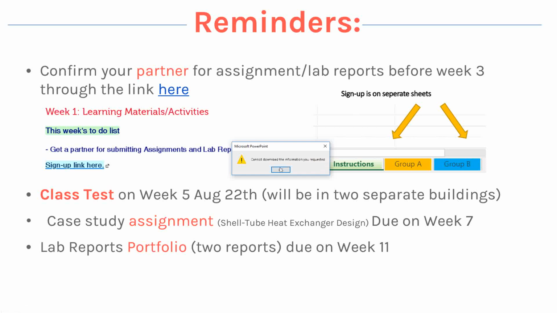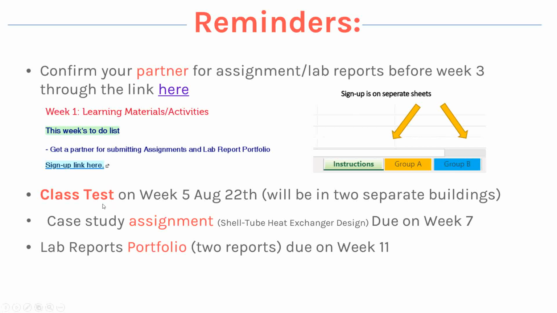You will see there is a sign up sheet. Anyway, I cannot open it up here. When you open this sign up sheet, you will see some instructions on how you should sign up for different groups, Group A and Group B. I think that's clear enough and you could do that. If you have any questions, just email me.